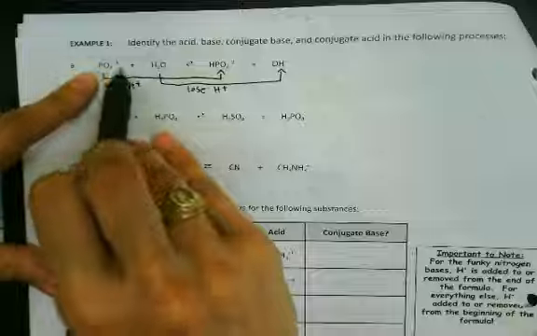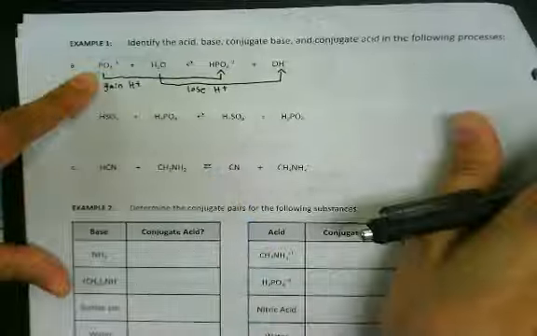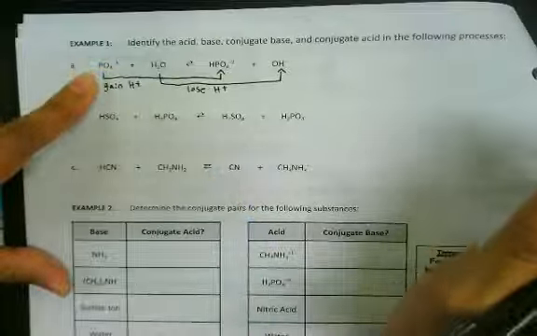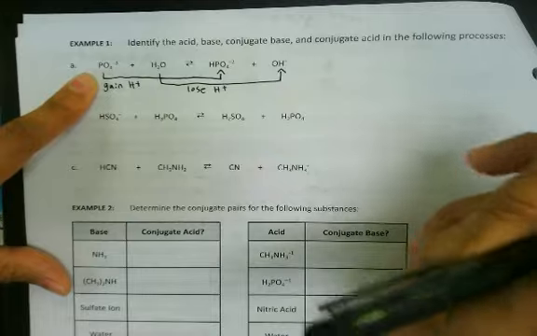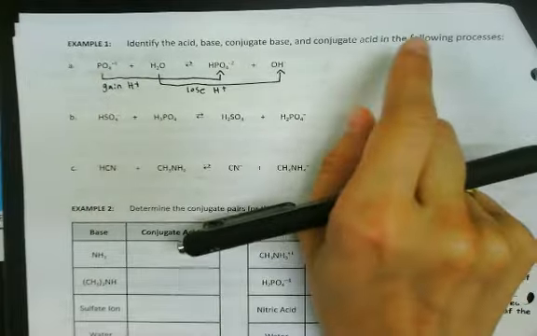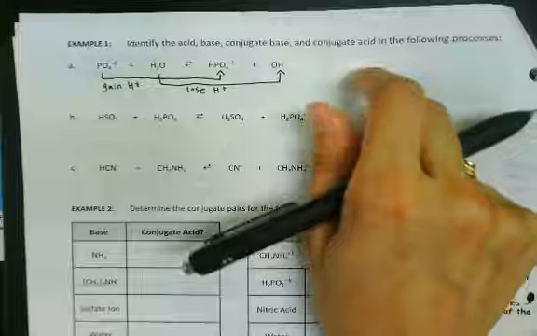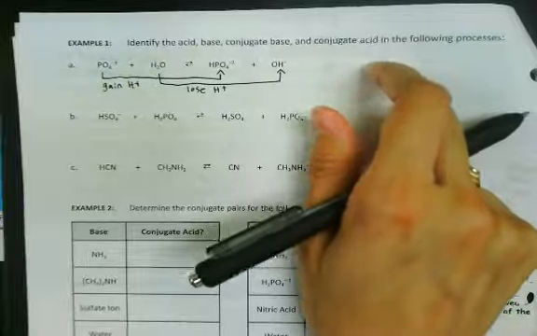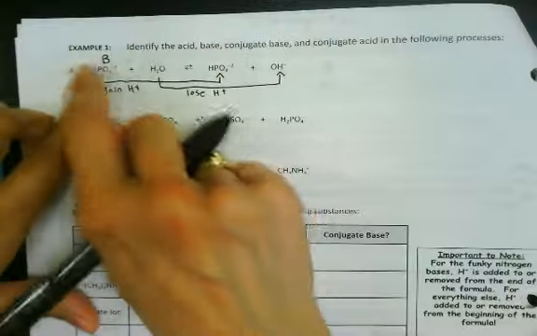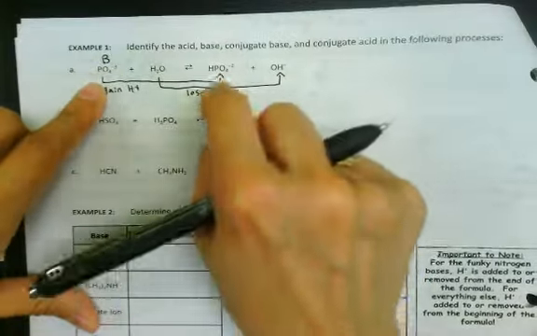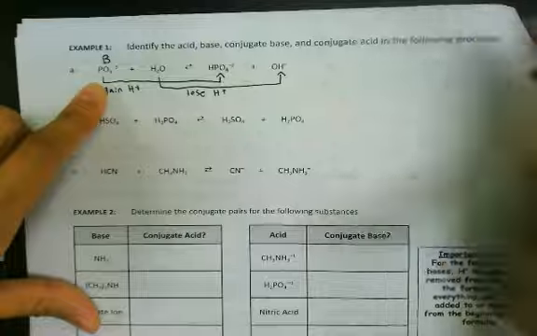And then that means over here we are losing a proton, right? So what does that make PO4 negative 3 if we're gaining a proton? Give me a 1 for acid, a 2 for base. Hold up your hands. Very good. 2 for base. It is a base. This is a base, so that would mean that HPO4 negative 2 is what?